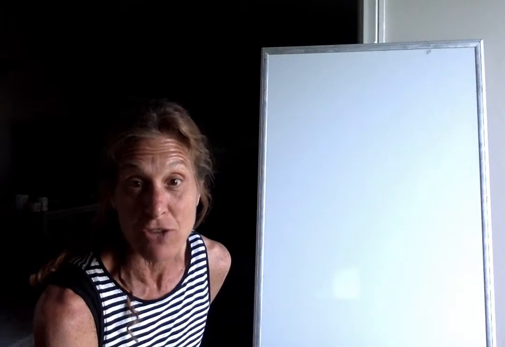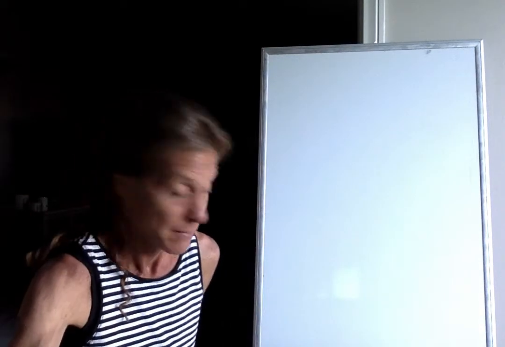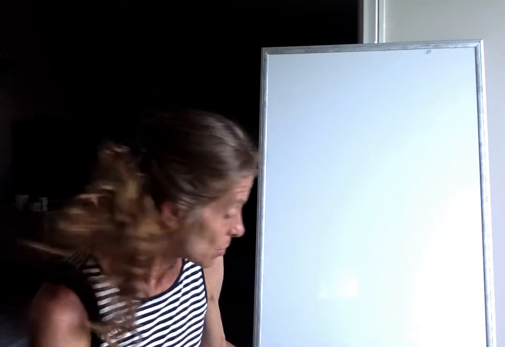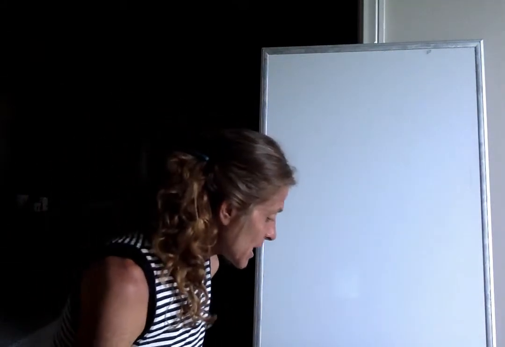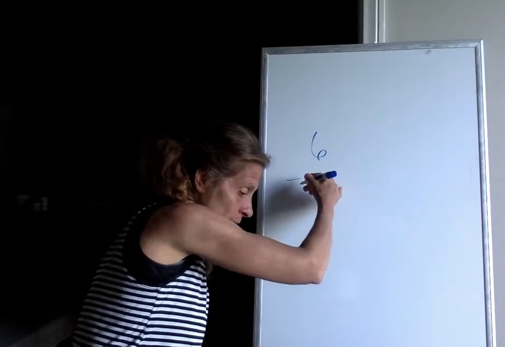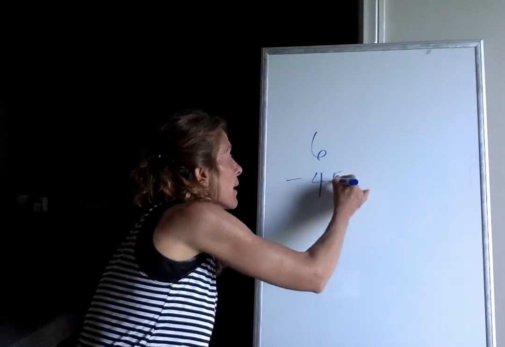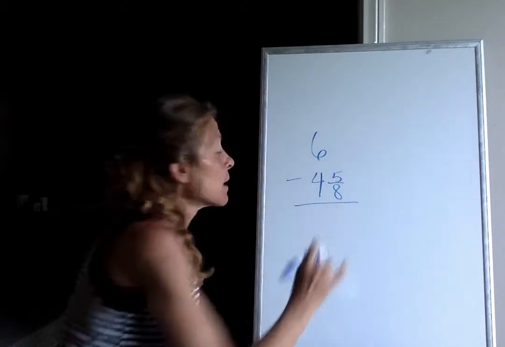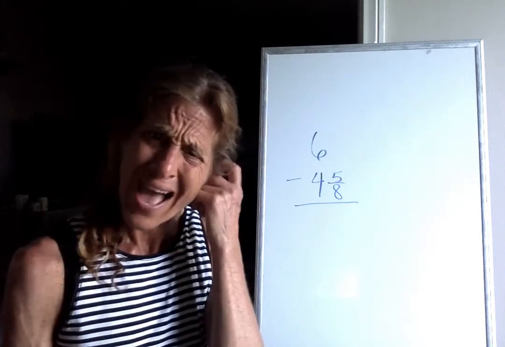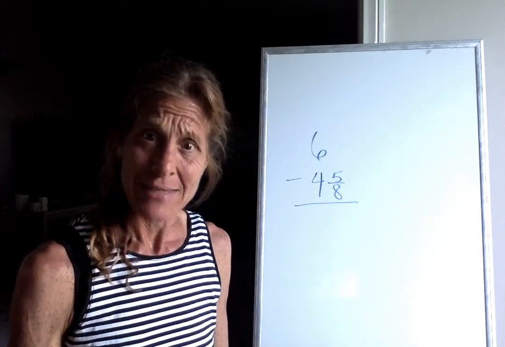Number 11, there's no borrowing. You're just doing straight subtraction. Oh, I beg your pardon. Let's do number 11. 6 minus 4 5/8. Oh no, there's no fraction on top. Wonder why they did that.